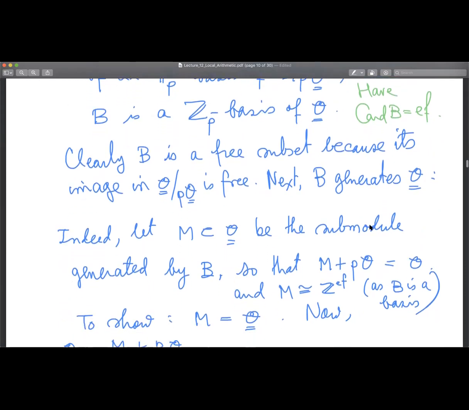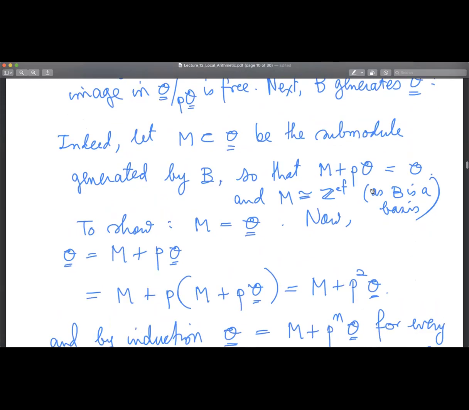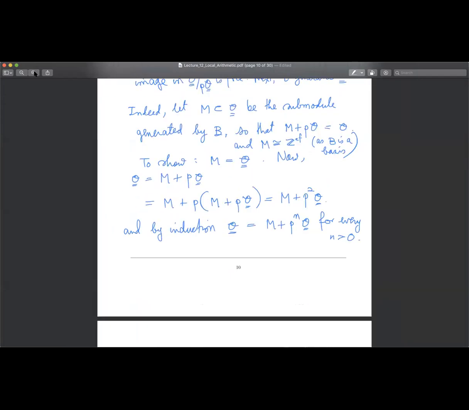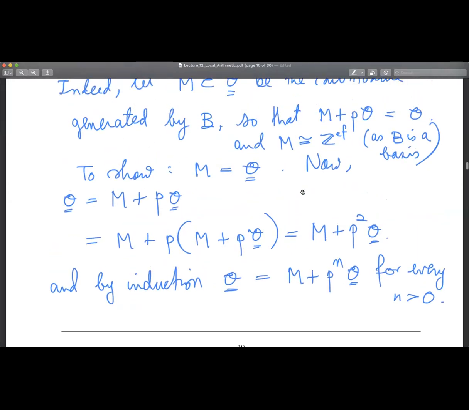So how do I show that it generates O? Let's denote by M the submodule of O generated by this B. But we know that the image of this B modulo this ideal pO generates O modulo pO, which can be translated as saying that O, although it might not be equal to M, we don't know, we want to prove that it's equal to M, but what we know is that it's equal to M plus pO.